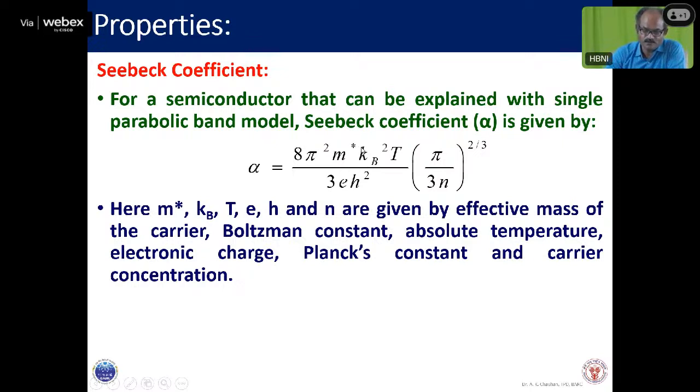You remember the effective mass? We studied the concept of effective mass in the first lecture. k is the Boltzmann constant, T is temperature in Kelvin, e is charge, and h is Planck's constant. And n is the carrier concentration.